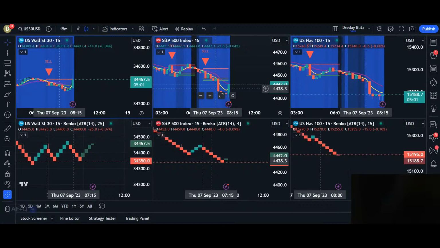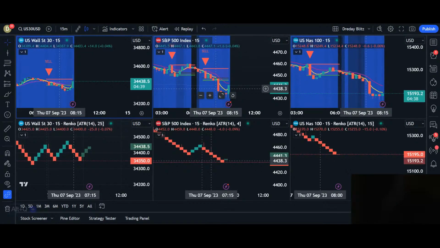But within the downtrend on the candlestick, you had multiple candlesticks going up. So most of the time, people will close their trade way before the actual move is happening, and you're missing a lot of profit overall.